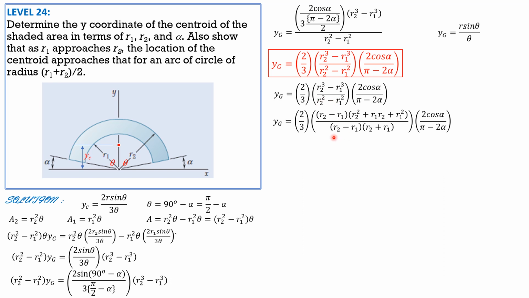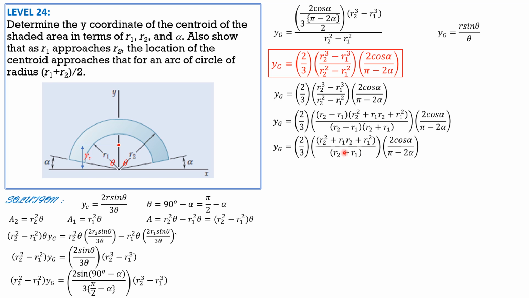The factors are R2 minus R1 times R2 plus R1, and the rest we just copy. So cancel out R2 minus R1. So yg is 2/3 of the quantity R2 squared plus R1 R2 plus R1 squared all over R2 plus R1, then times the quantity 2 cosine alpha over pi minus 2 alpha.